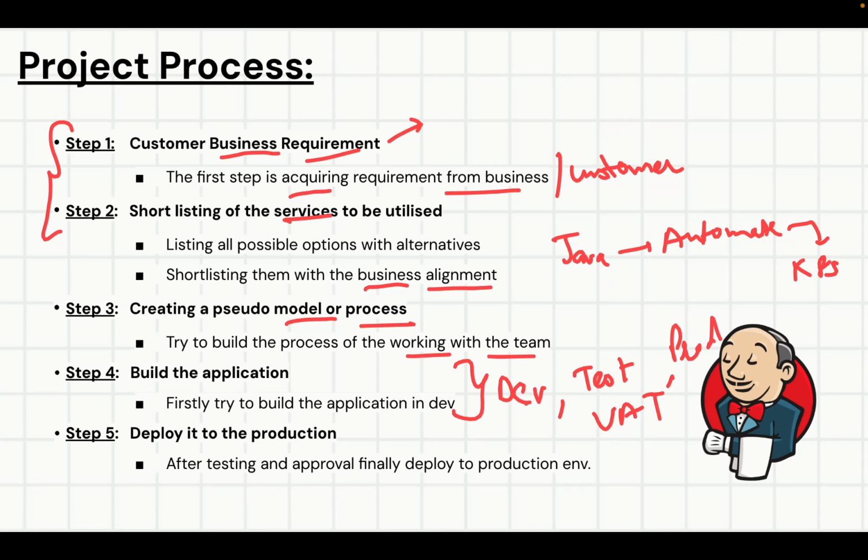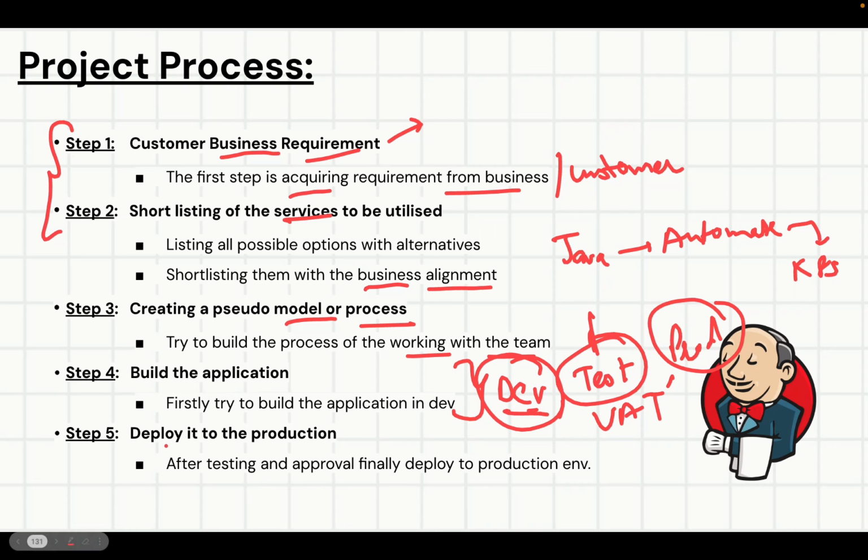For the first part, it's always the dev environment that we work upon. Then for testing purposes, the testing environment, and the final deployment is done at the production level. If any further changes are there, first of all it has to be done on the dev side, then tested in the test environment, then finally deployed. These are generally the three environments we actually have in the working.